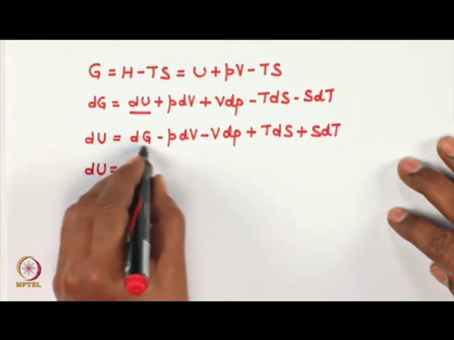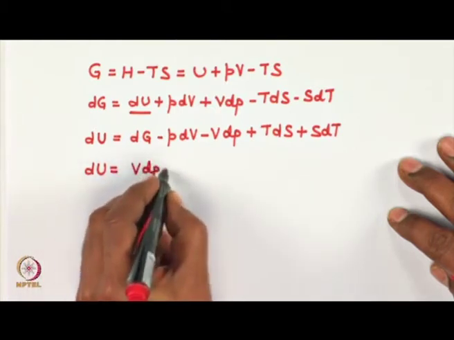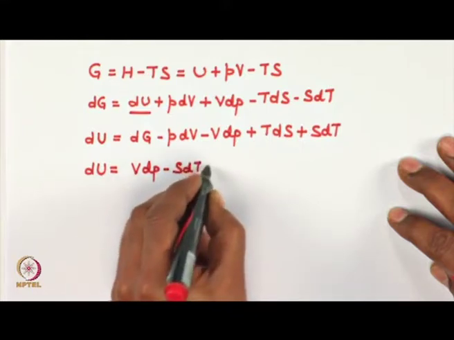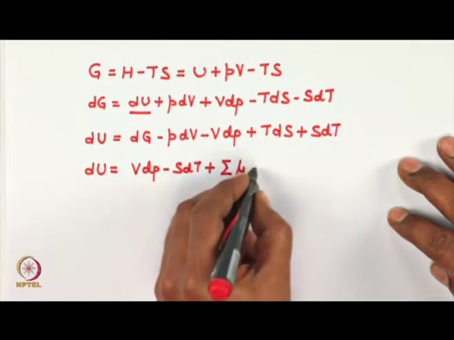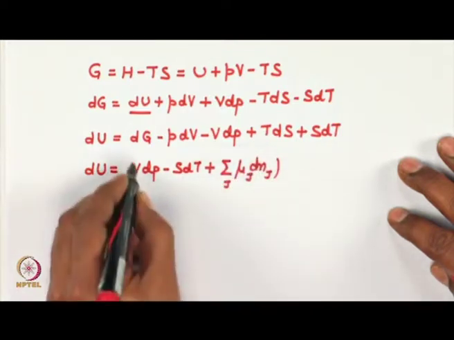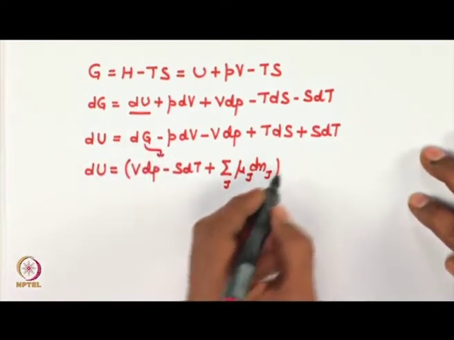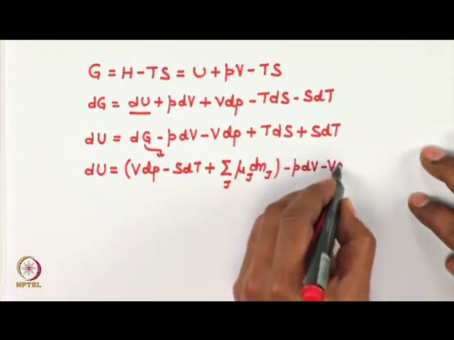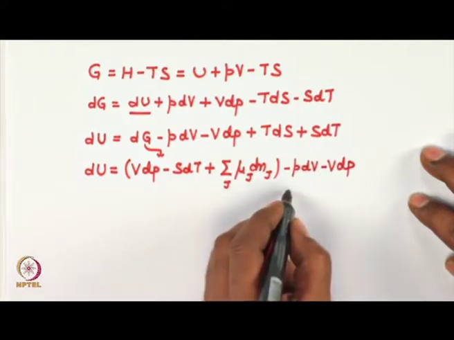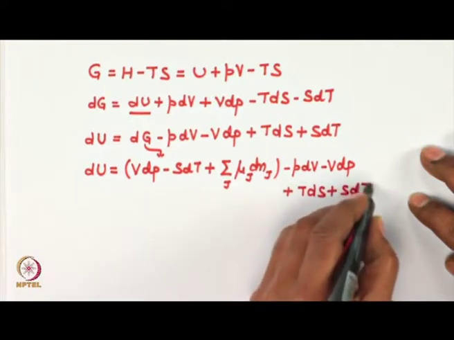Now, I use the expression for dG that I told you to remember earlier. dG is equal to VdP minus SdT plus summation j mu j dnj. This is dG, and I will write everything else now, minus PdV minus VdP plus TdS plus SdT.